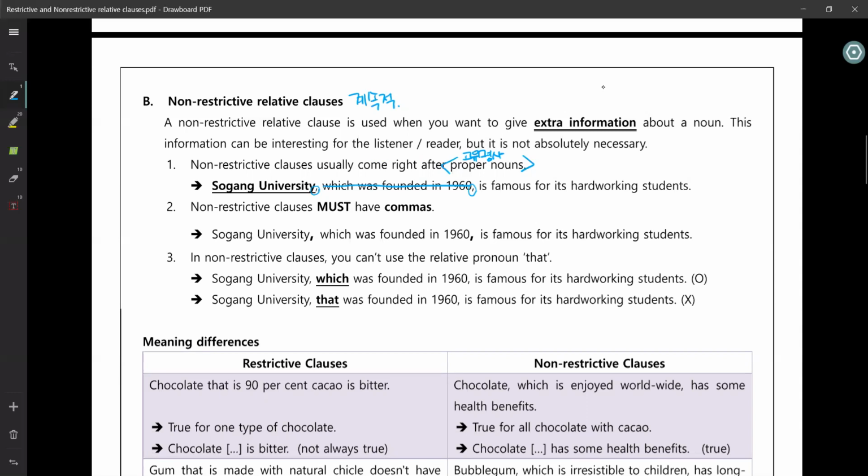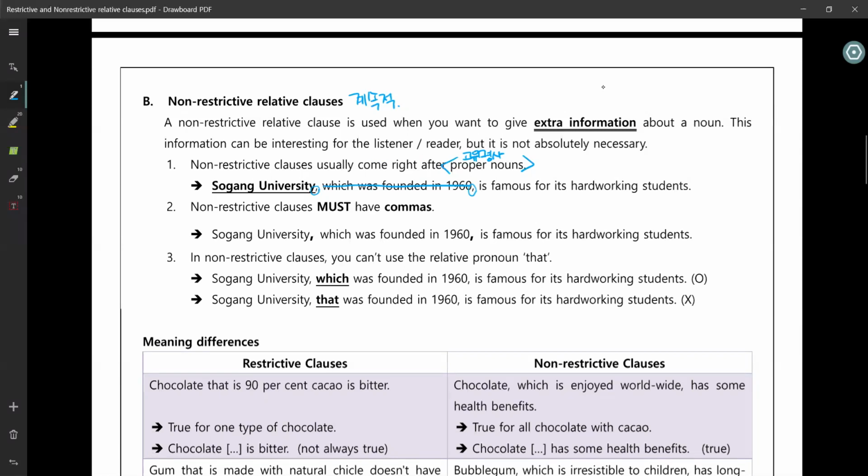Now you can see that this context is completely different from the book sentence that we just talked about in restrictive relative clauses. So when you hear a proper noun, usually, it's not always, usually you can just give extra information by using non-restrictive relative clauses.